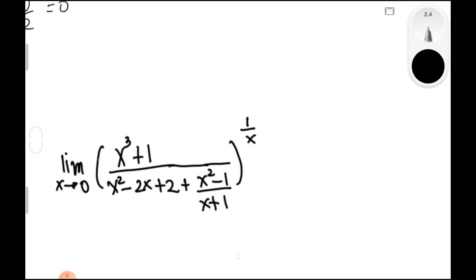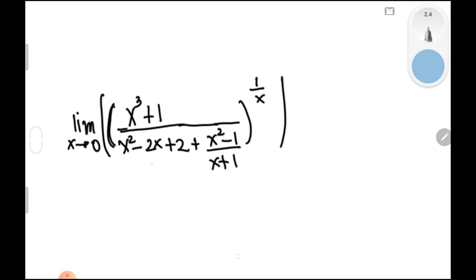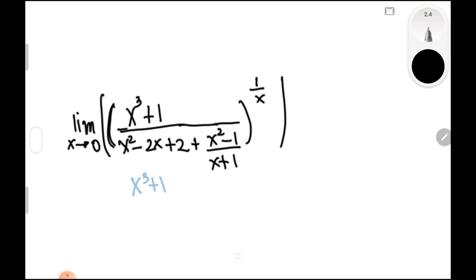So dito na lang sa pangalawa, kung paano sa baba dito sa loob ng ating parenthesis kung paano natin siya i-manipulate. So how would we manipulate this? So for me, yung diskarte ko dyan, syempre mas makomplikado yung nasa baba. So yung nasa baba muna, hayaan ko muna sa taas. X cubed plus 1. Okay, so maybe magkakaroon ako ng hint kung paano ito solve.